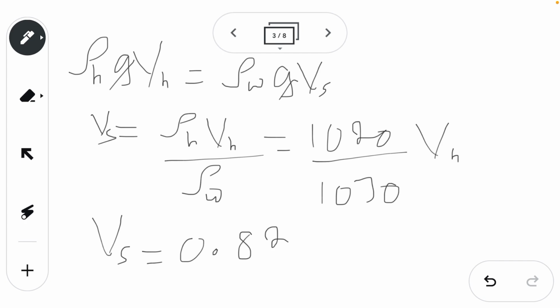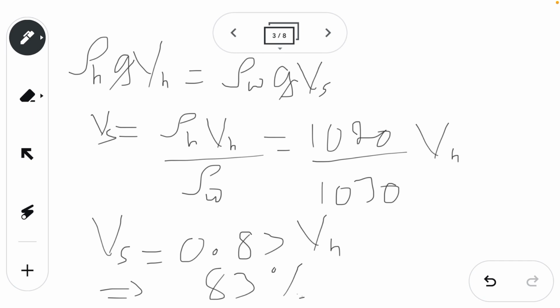I'm going to round that off, which implies that the submerged volume of this human is roughly 83%. This is the amount of the human volume that is actually submerged.